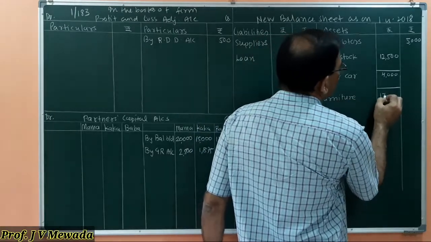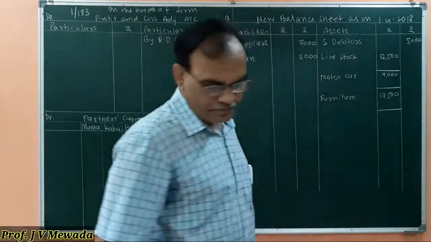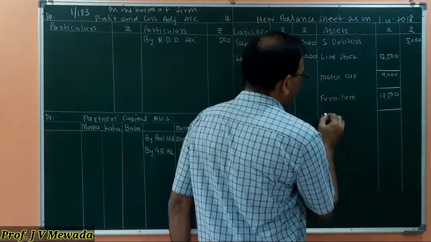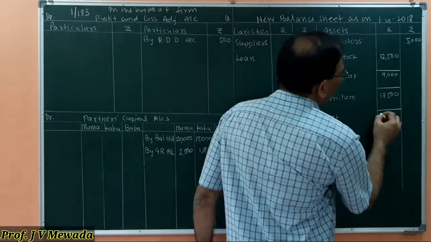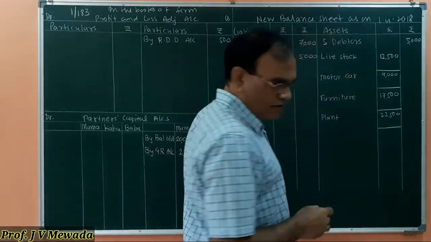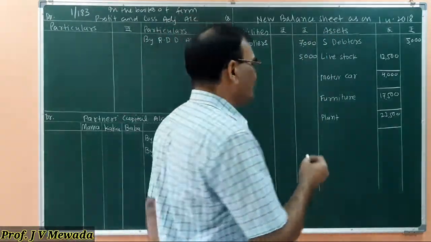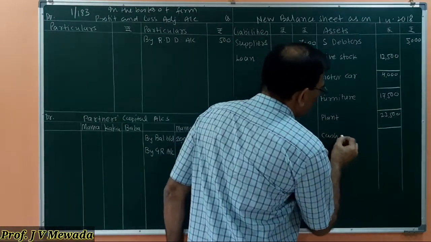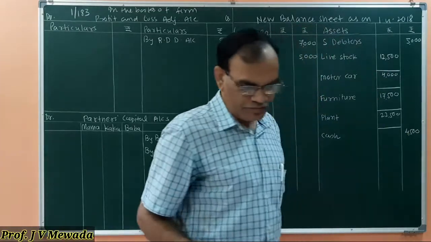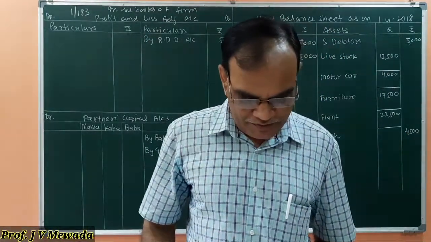Plant 22,500. And cash, as I told you, we will be writing cash 4,500 as it is. So the asset side of the balance sheet is over.